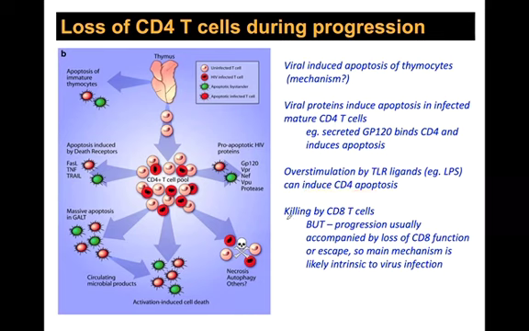But the main mechanism, once those cells are making virus, right? Once the cells are making more HIV proteins, then those CD4 cells are just like any other cell. They present it on their surface and they get killed by the CD8 T cells.